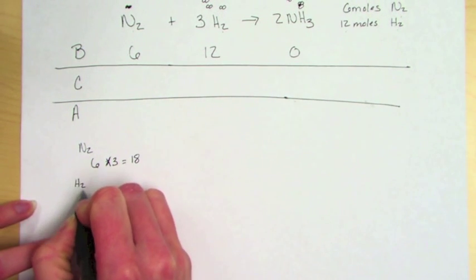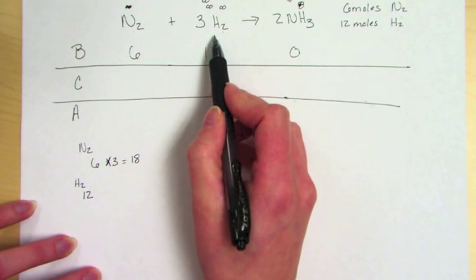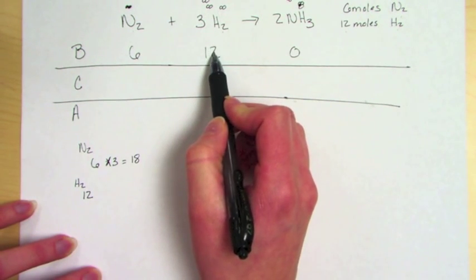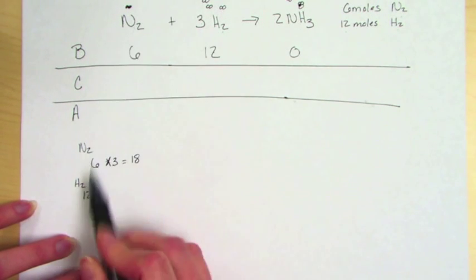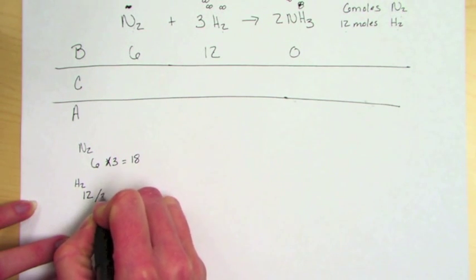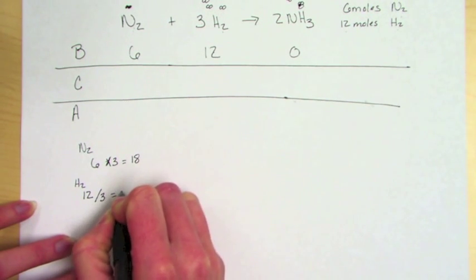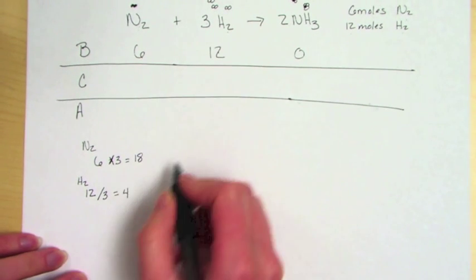So if we use all 12 of the hydrogen, well, for 3 of the hydrogen, I need 1. So of this 12, I would only need a third of those, so I'm going to divide and end up only using 4 moles.